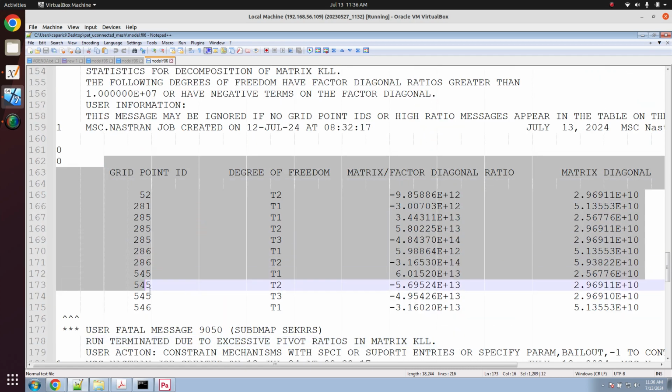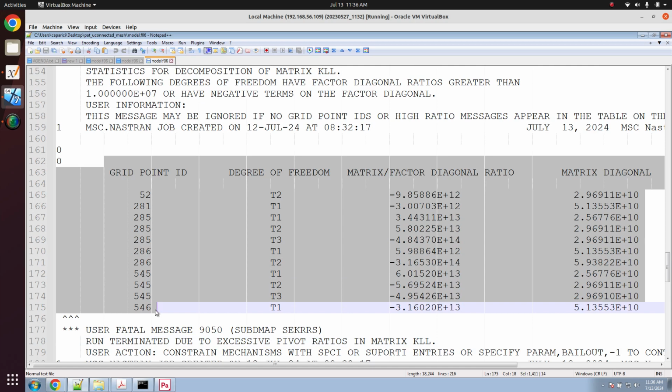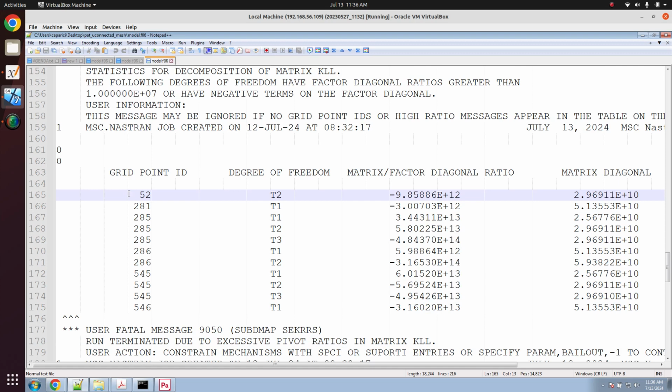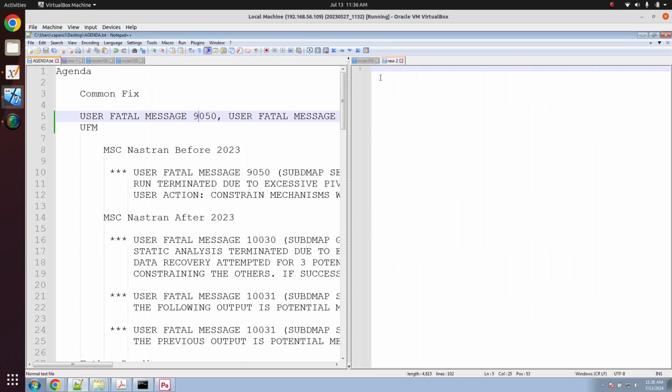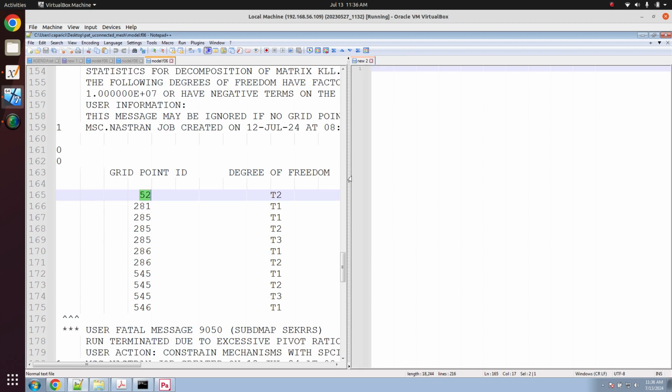Here we get this table. Now here, let me quickly talk about how do we interpret this table. First, look at these node IDs. So here we're looking at the following node IDs. Let me move this to the side. So here, let's look at node 52, 281, and 285, and 545.